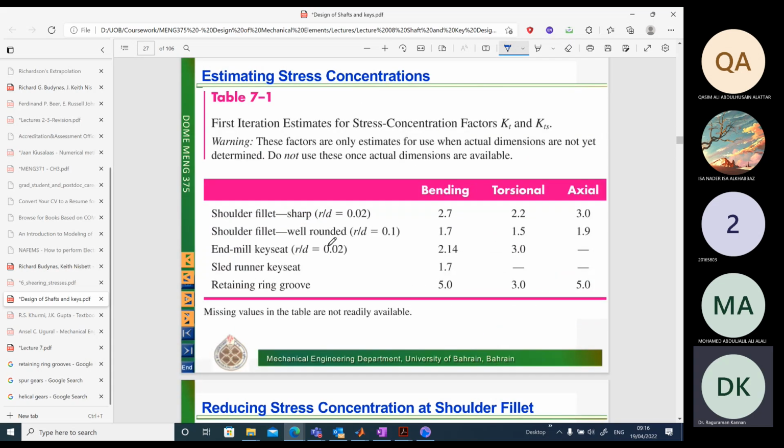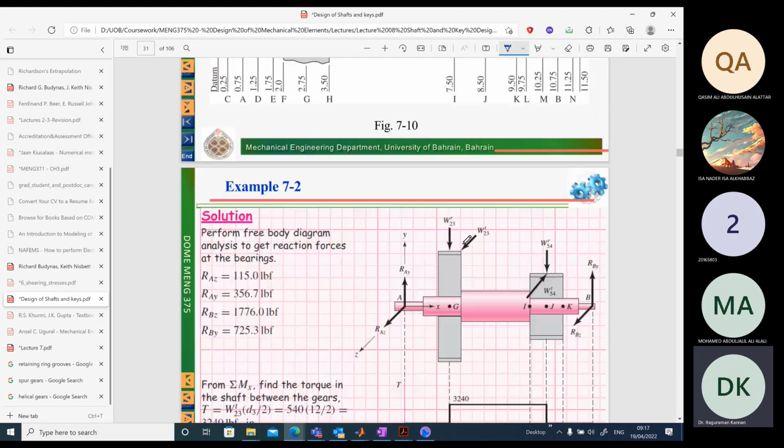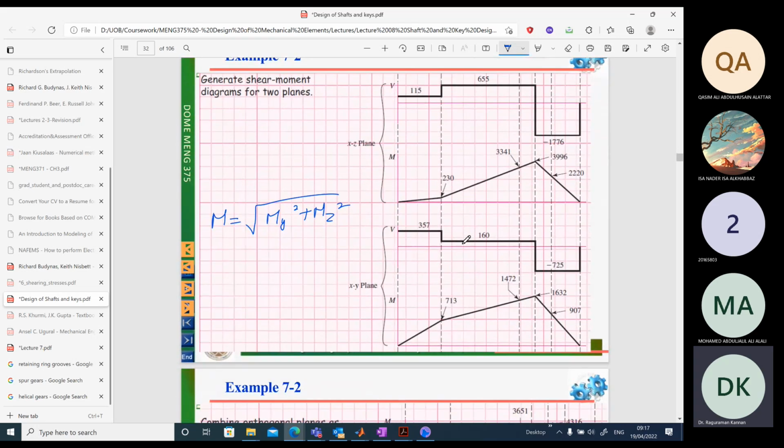I use this table. We have a shoulder fillet. We are going to assume a well-rounded or sharp fillet, whichever you want. Worst case scenario, a sharp fillet, we can take the KT and KTS values as 2.7 and 2.2 respectively. We do not have any axial load here, so we will take only these two values and consider that for calculating KF and KFS.